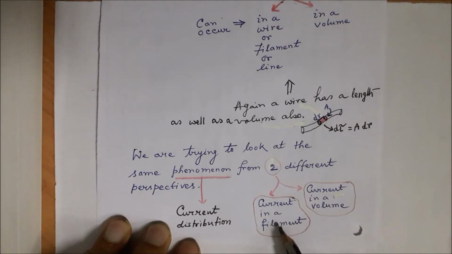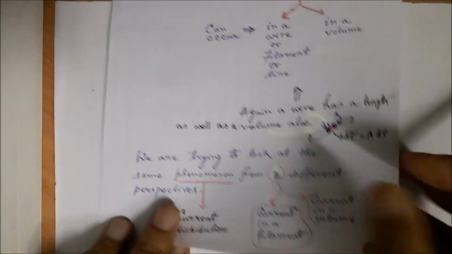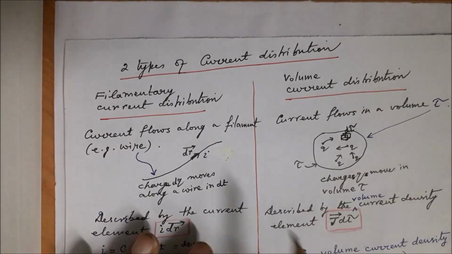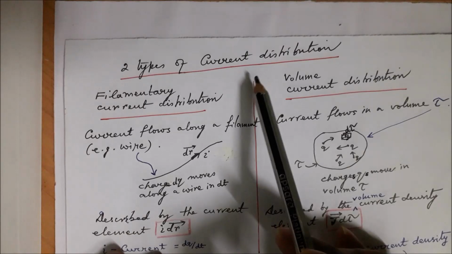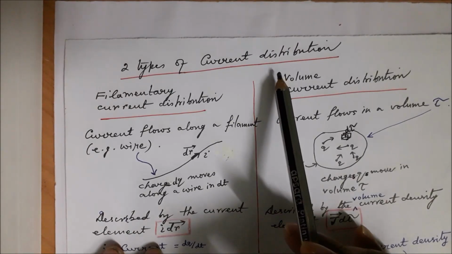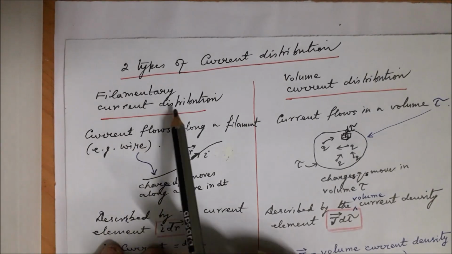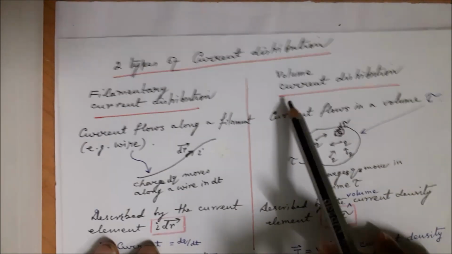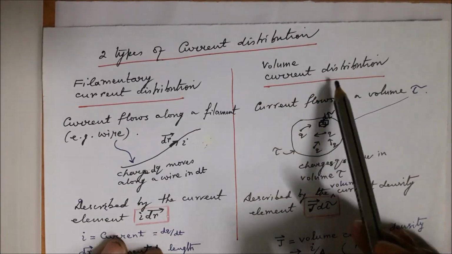One is current in a filament, the other one is current in a volume. So, we speak of two types of current distribution. One is filamentary current distribution, the other one is volume current distribution.